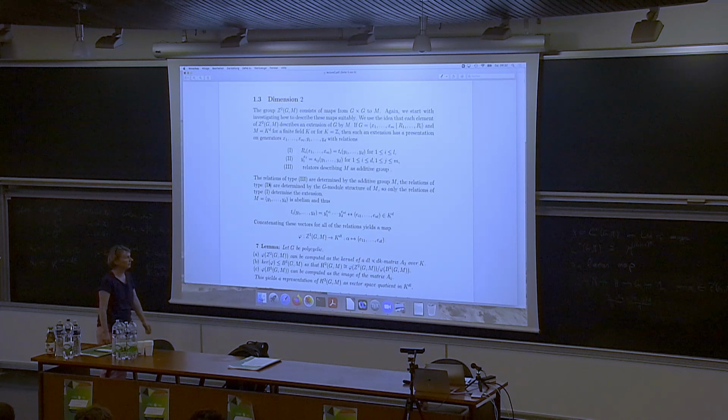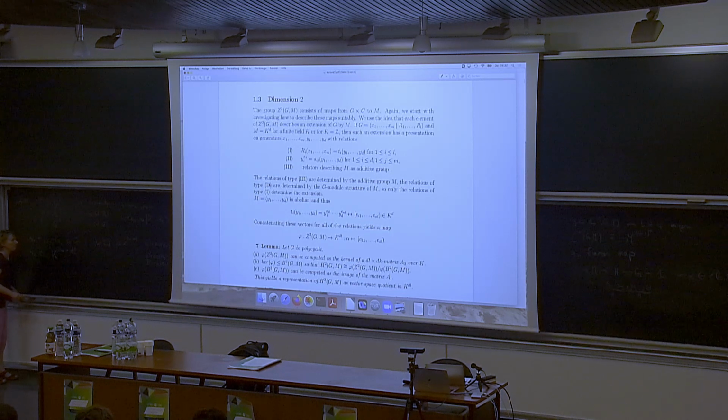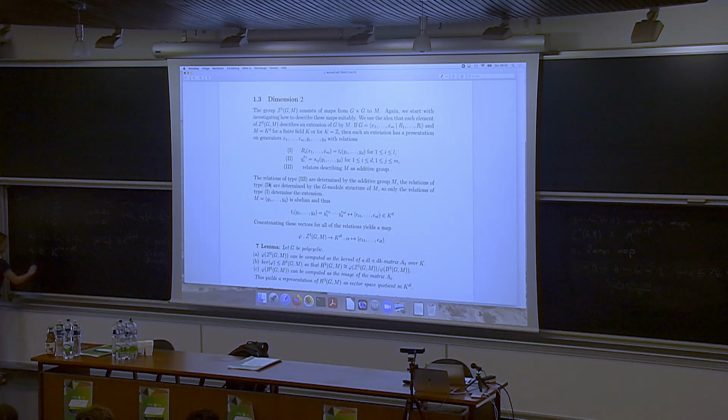And one way of doing that is for polycyclic groups, where you can set up a matrix again. So now it's going to be a matrix called A2. That is a matrix over the ground ring or field K, and it has dimension dl times dk.